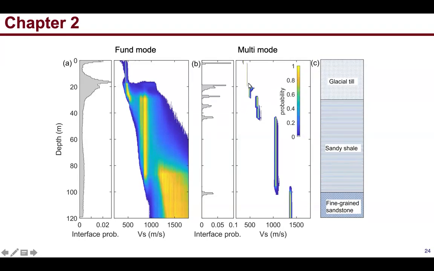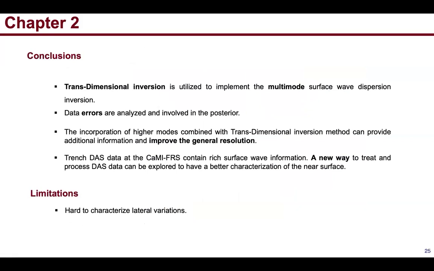We can find there are some fine layers resolved in the multimode result, and also the uncertainty is reduced a lot. So here are some conclusions for this part of the study. First, we use the transdimensional inversion to implement multimode surface wave dispersion inversion, and the data errors are estimated and involved in the posterior.